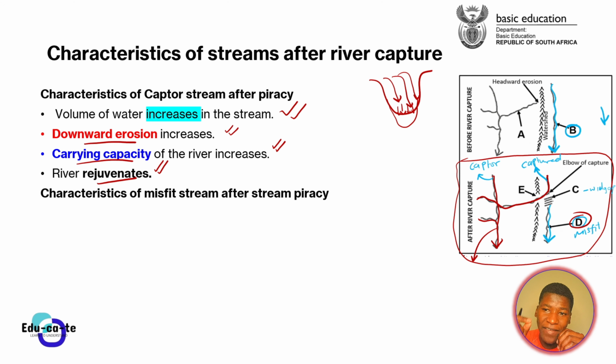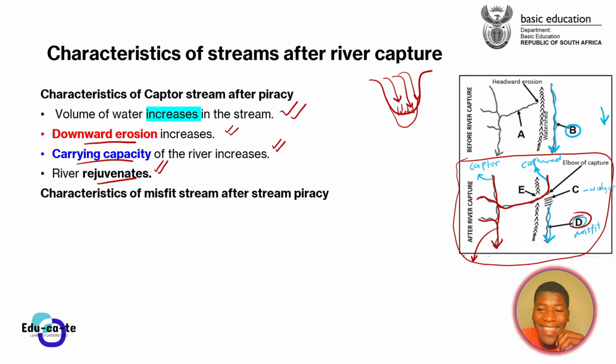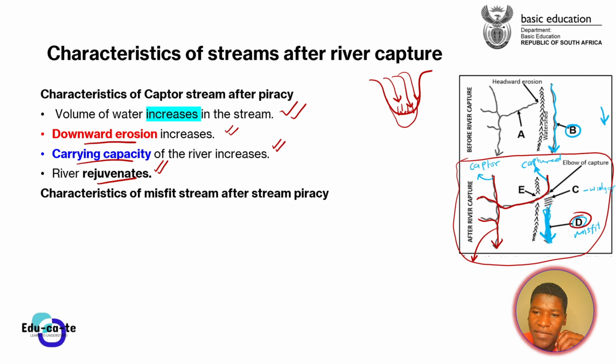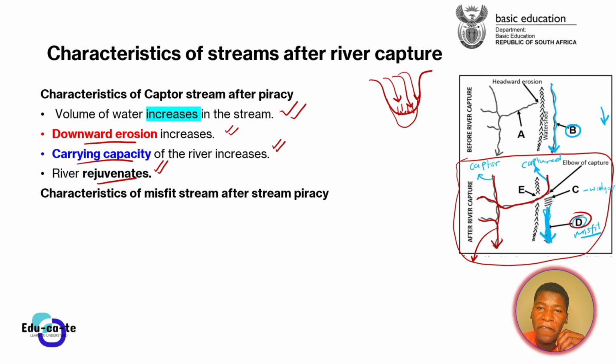But after river capture, its waters were diverged, or stolen, to move in another direction, towards the more energetic river. Now, the remaining part of the captured stream is the misfit stream. Because it was flowing in this direction, there will be a remaining smaller stream here known as a misfit stream.